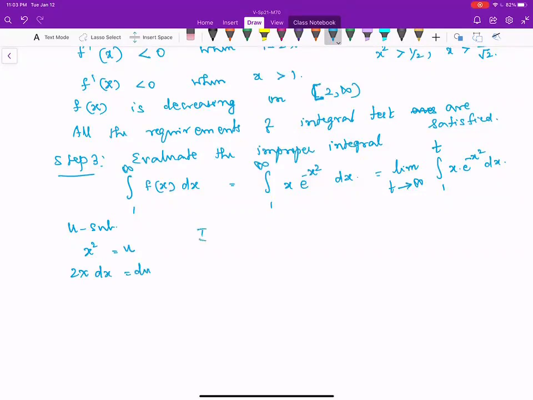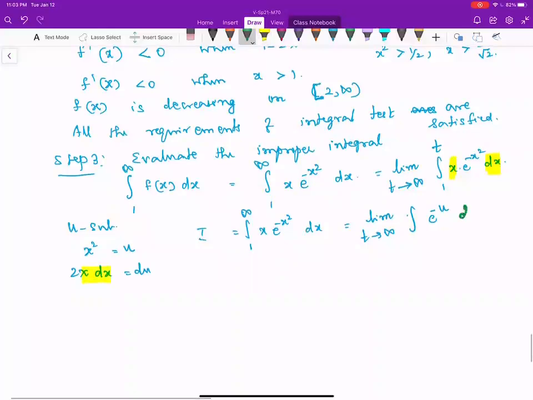So the improper integral becomes the limit as t approaches infinity of the integral of e to the negative u. Then you have x dx, and x dx is du over 2.